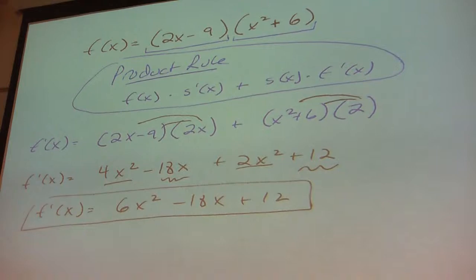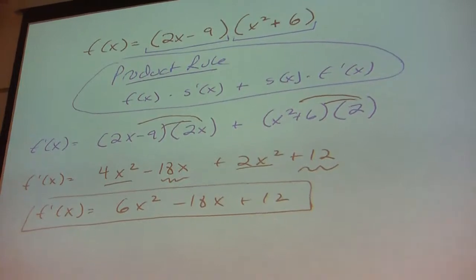Now, if I wanted to check this, I would clean up the top and then take the derivative. It should be the same. I'm going to go ahead and do that. You may or may not have done that, but just to show you that it does work.